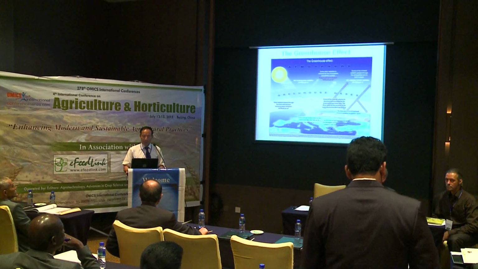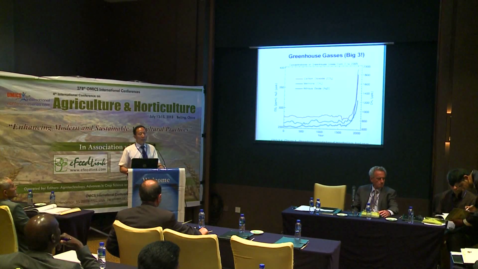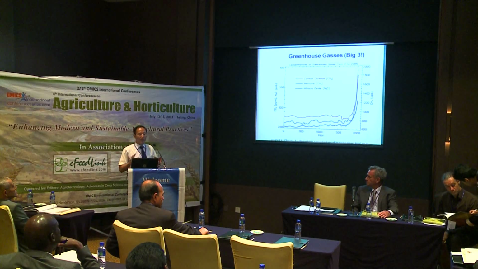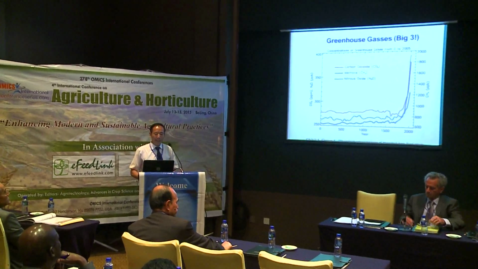So that's the basic idea of the greenhouse gas effect. Here are the major three greenhouse gases: carbon dioxide, methane, and nitrous oxide, N2O. These three major ones contribute most of the greenhouse gas effect.